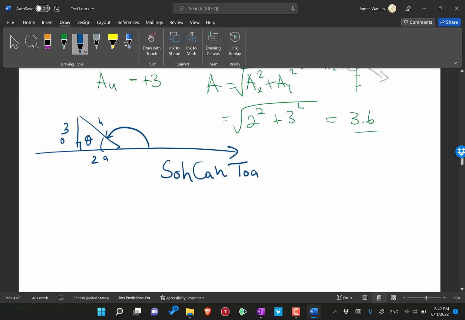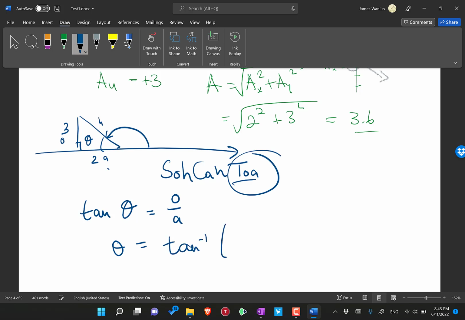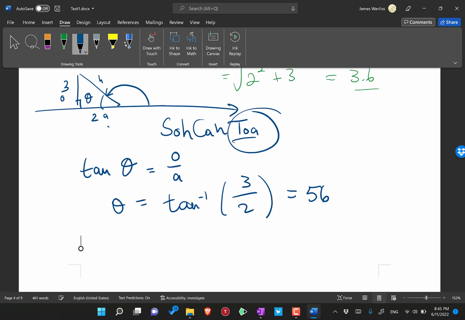So I want to find theta. I've got opposite and I've got adjacent. Tan is opposite over adjacent, therefore theta is the arctan of opposite 3 over adjacent 2, right? And we can work out that angle. That's going to be 56 degrees. Okay, so here's our picture.